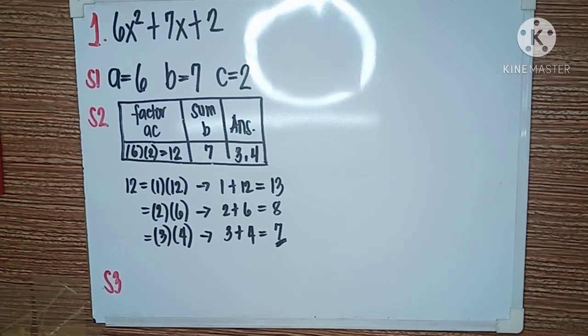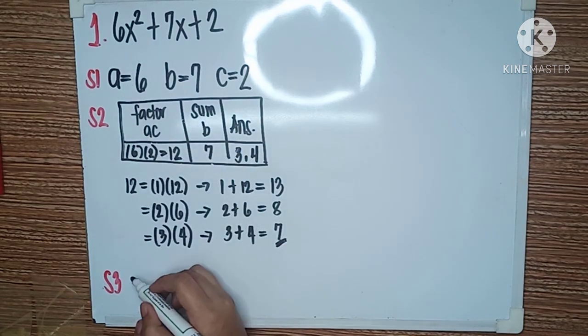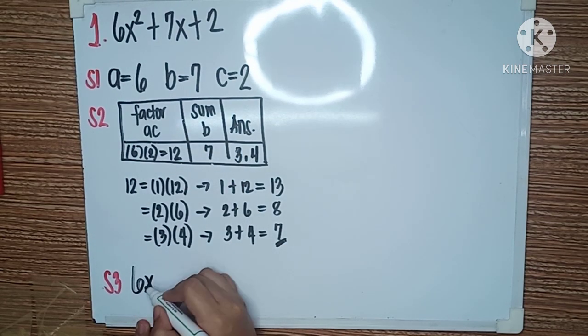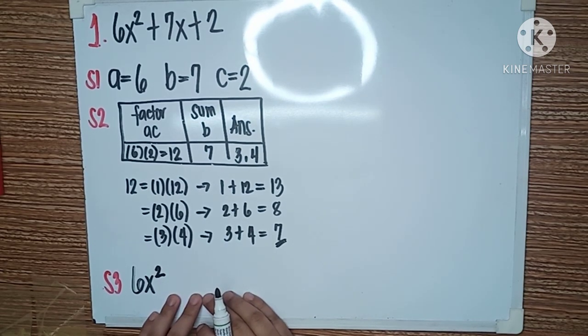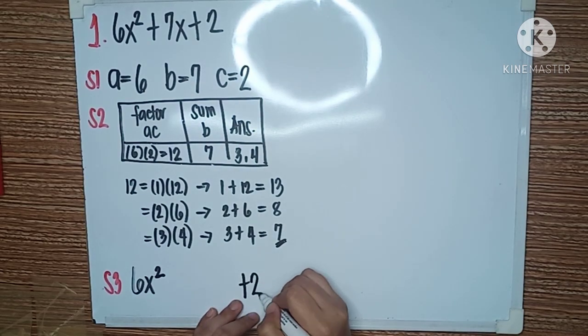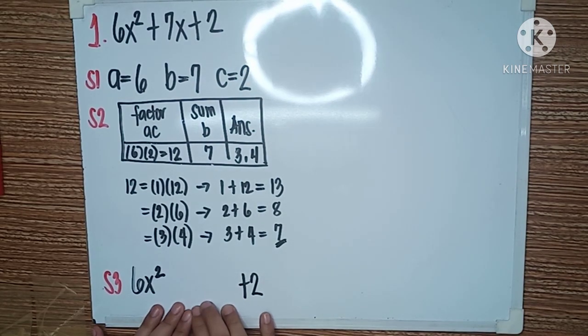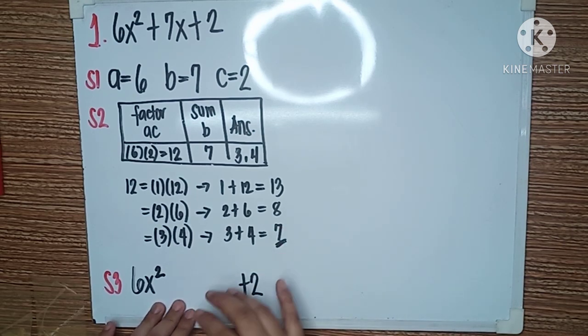Step 3. We will rewrite the given trinomial into a 4-term polynomial. Paano yun? First, we'll copy the first term, and then we'll leave the middle term, and then copy the last term, positive 2. Saan natin kukunin yung ating middle term? Balik tayo kay step 2.